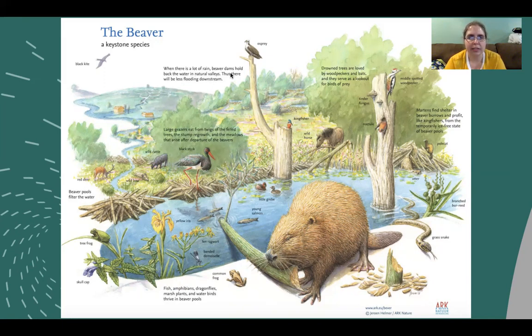When there's a lot of rain, beaver dams hold back the water in natural valleys. So that means that there's less flooding down here that would affect these animals. Large grazers eat from the twigs of the felled trees. So the twigs that broke off when the beaver cut or chewed down the trees, they're going to feed on those.